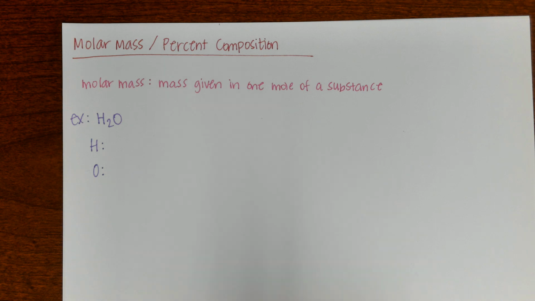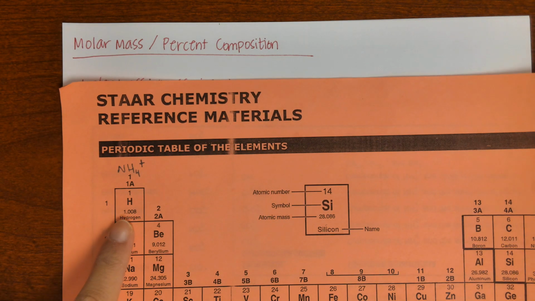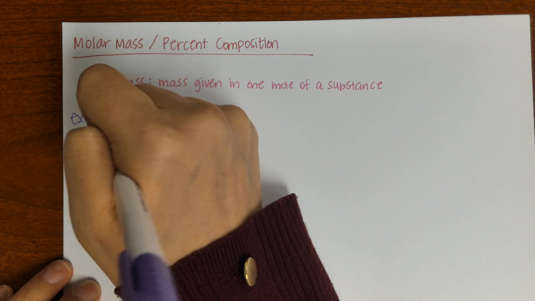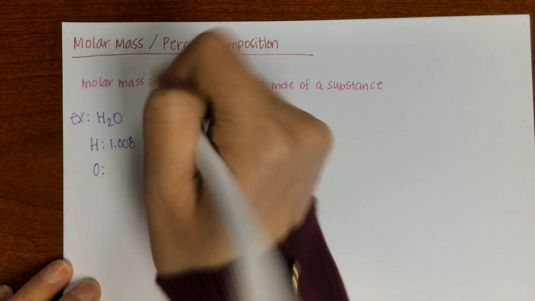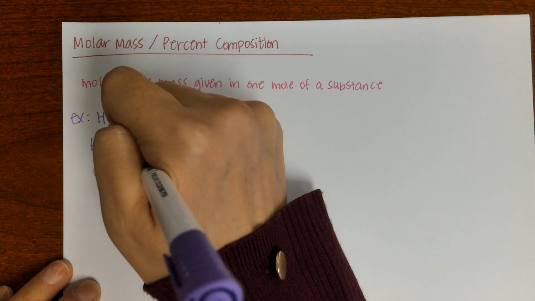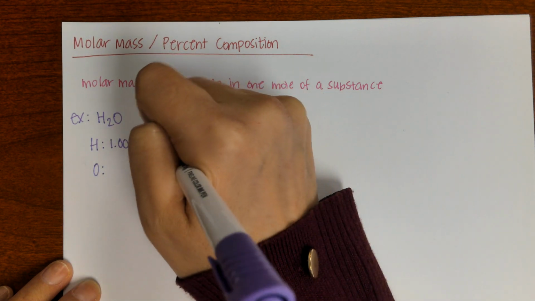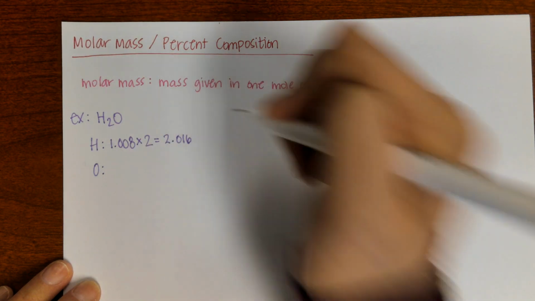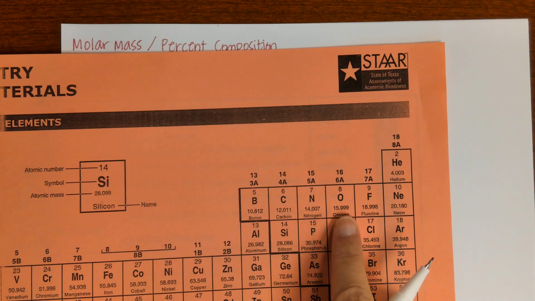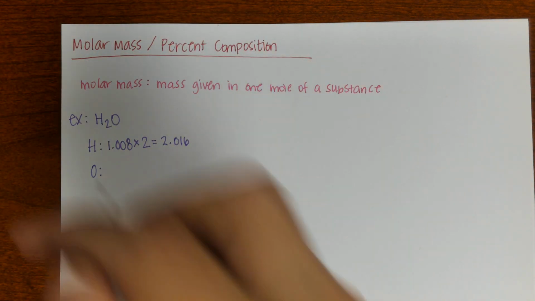If we look at hydrogen, the mass is 1.008. But in H2O, there are 2 hydrogens, so we have to multiply that by 2. That'll be 2.016. And then for oxygen, there's only 1 oxygen, so that'll be 15.999.